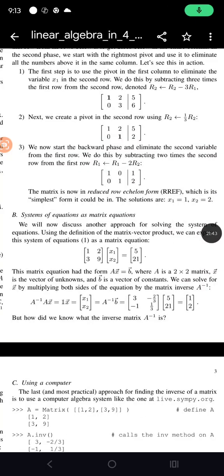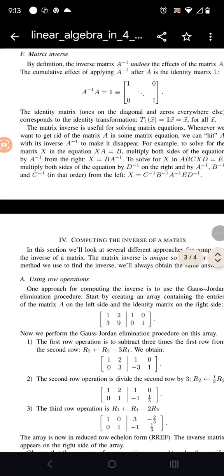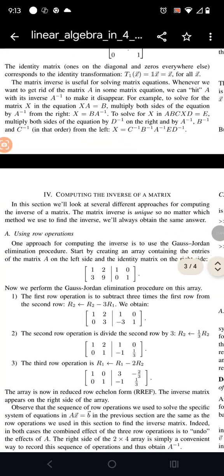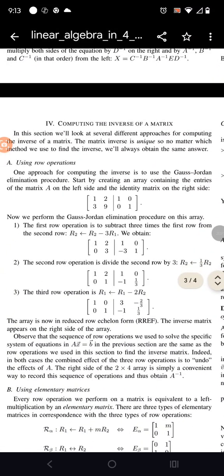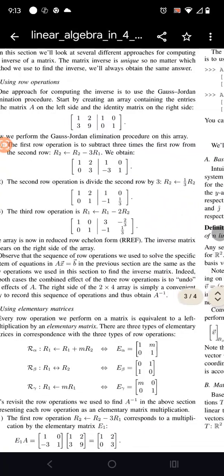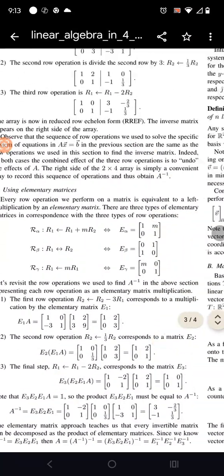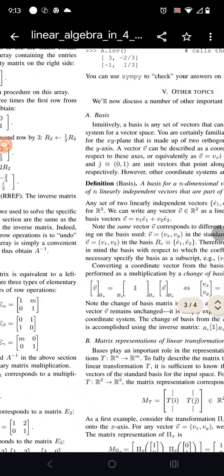Next we have another method using the inverse, rather than using row operations: creating the inverse using Gauss-Jordan elimination, using elementary matrices, or using a computer to find the inverse.